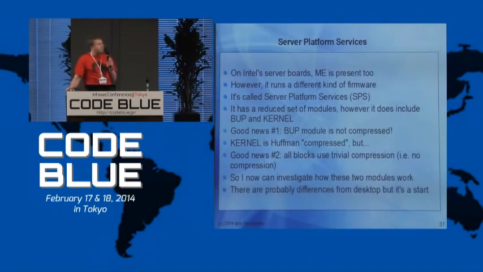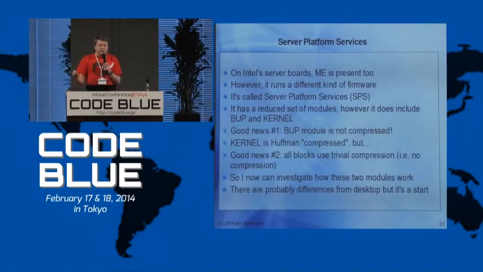When I looked at them, I found that the bring-up is not compressed, which was very nice because I could see the code and look at how it's implemented. Then I looked at the kernel module, and it is also marked as compressed. But in fact, this compression is trivial.